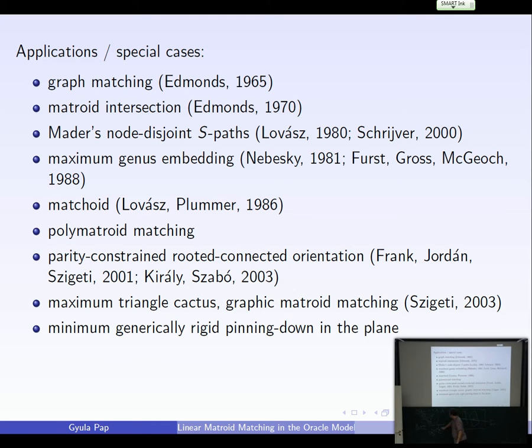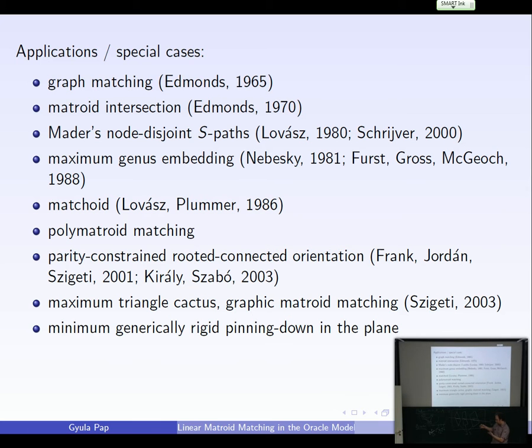The problem of finding a spanning triangle cactus is equivalent with doing matroid matching in the graphic matroid of the complete set. If you represent one triangle by a pair of edges like this, and so on, then the thing that you get is a spanning tree.